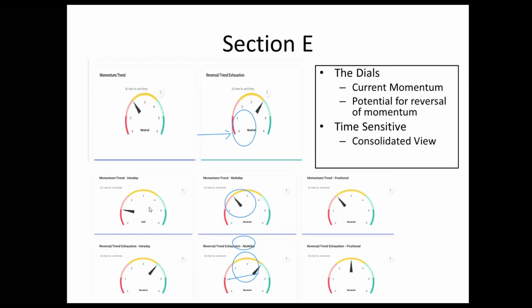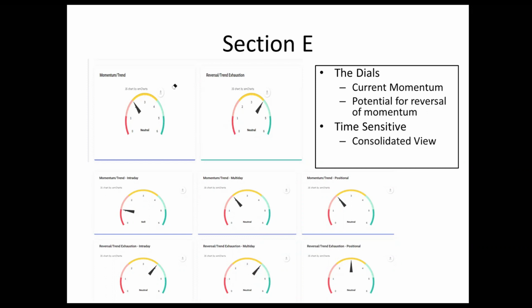So if you look at the situation now, then you will find that you have intraday dials pointing towards reaching oversold, and even on the multi-day, that is the daily levels, are also starting now to trend towards the oversold. It's only the weekly that is also tending towards the oversold.